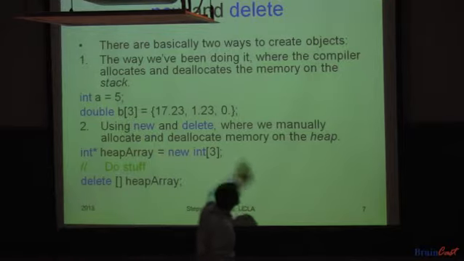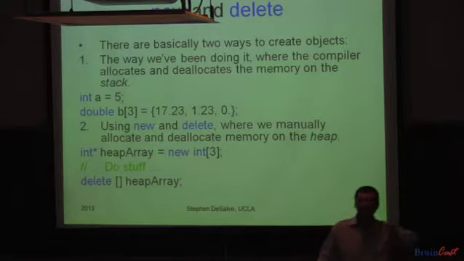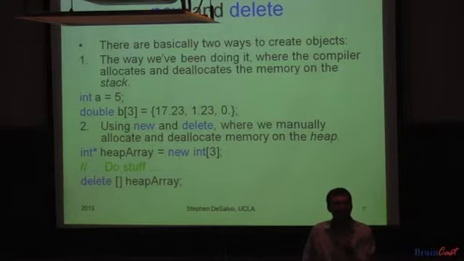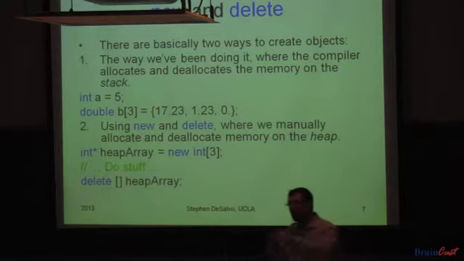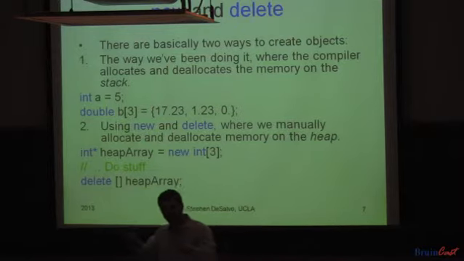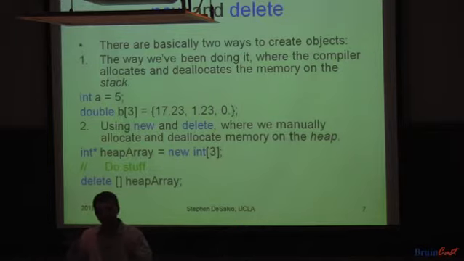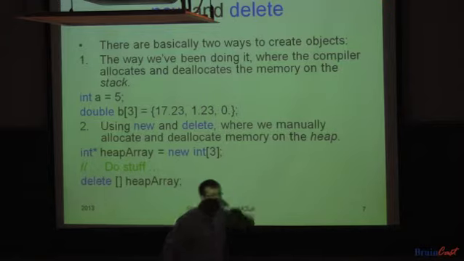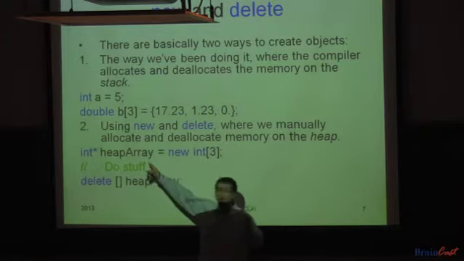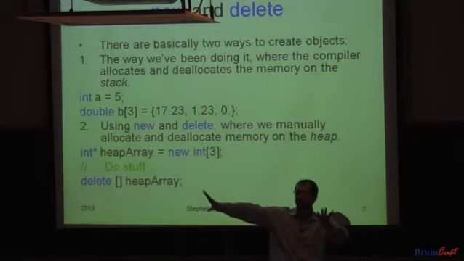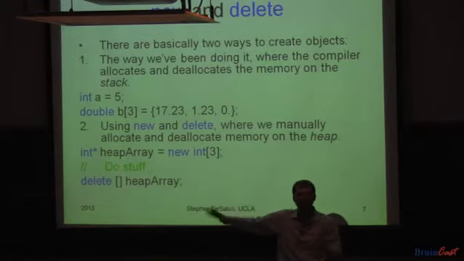Now, new and delete are ways to access memory in a different location than what the double b line does. There are two main locations in memory when you're coding in C++. One is the stack and one is the heap. B of 3 creates these values on the stack, and using new, this heap array points to variables that lie in another section of memory called the heap.